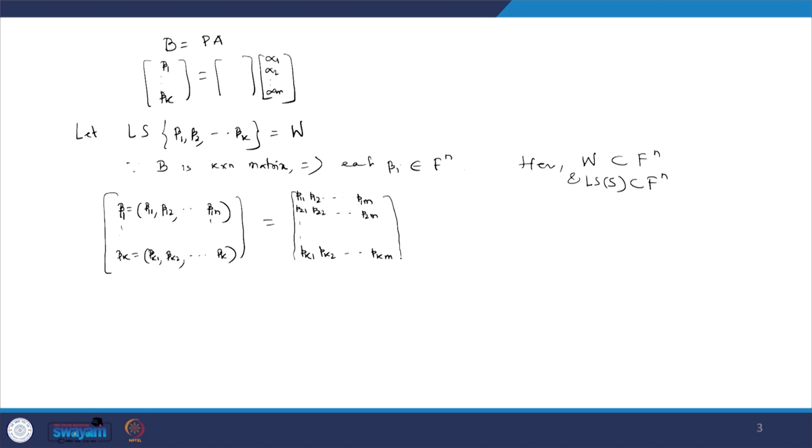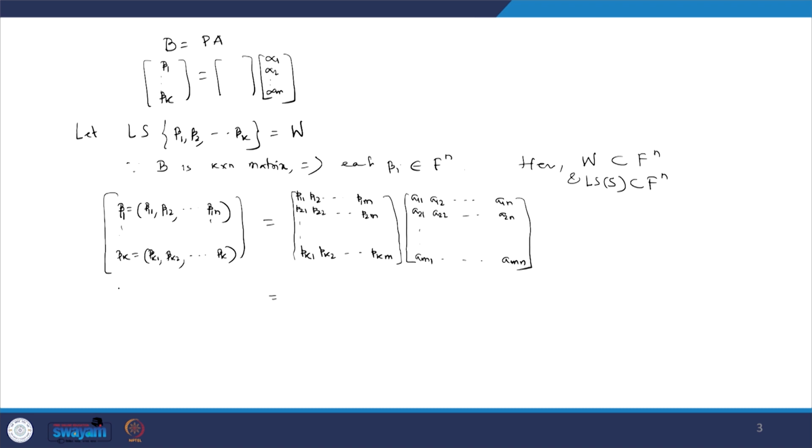So this is my P matrix, and alpha 1 is like this: A11, A12, A1n, then A21, A22, A2n, and Am1 to Amn.